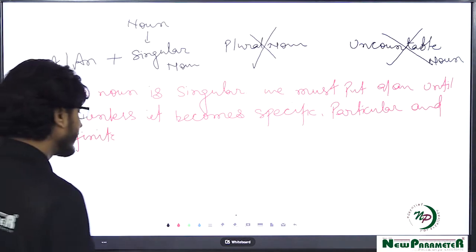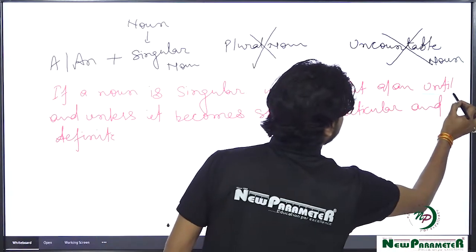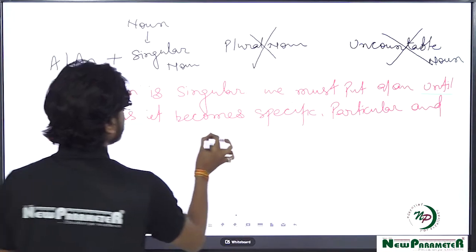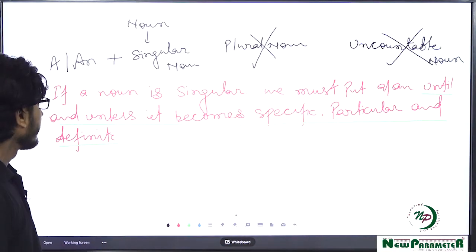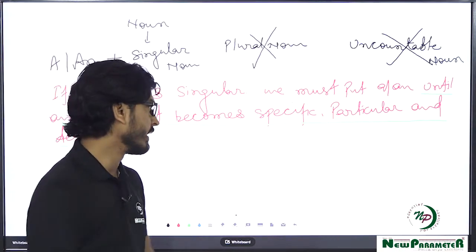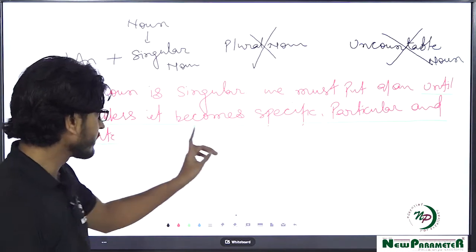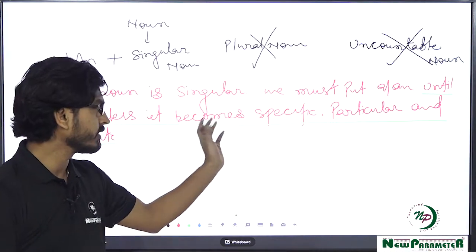What exactly it means, I have just written here: until and unless it becomes specific, particular and definite. If a noun is singular, then we must be in the habit of putting "a/an" until and unless it becomes specific, particular and definite. I'll show you the example of this one a little later.